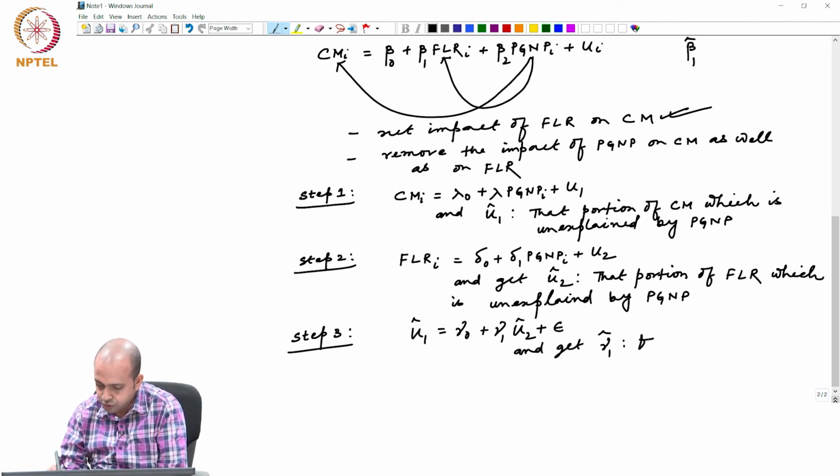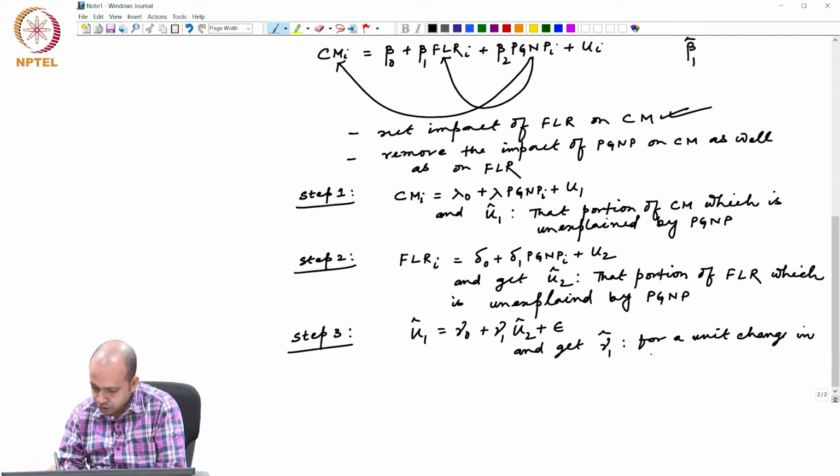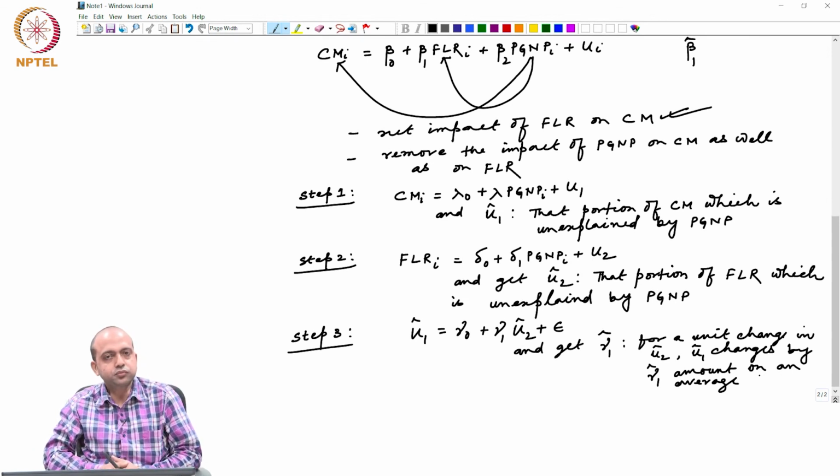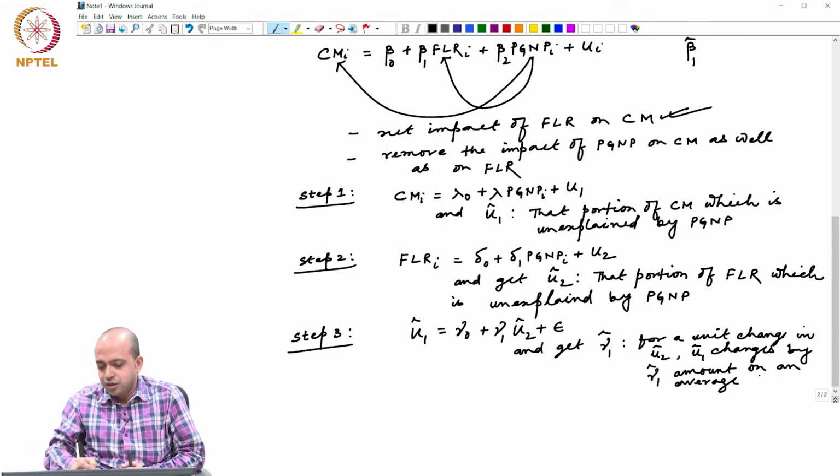That means the interpretation is, for a unit change in U2 hat, U1 hat changes by gamma 1 hat amount on an average. Okay. All right.